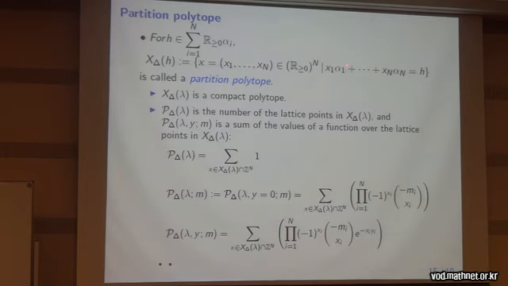This is called the partition polytope associated to delta and H. It is quite easy to see that it is compact, and our partition function p delta of lambda is the number of lattice points of this partition polytope, and p delta lambda by m is the sum of values of a function like this over the lattice points in the partition polytope.